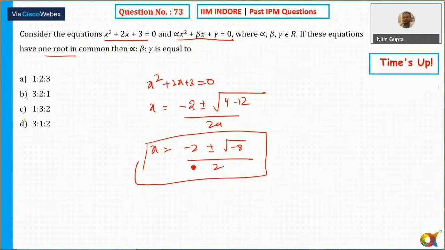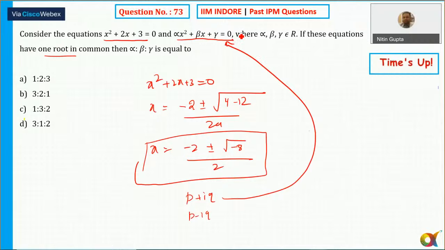Like if one of the roots of this equation is p plus iq, the other will always be p minus iq. So if there is one root which is common, is that possible? No. Because if one of the roots of the second equation is p plus iq, automatically the other root has to be p minus iq, because imaginary roots always occur in pairs.